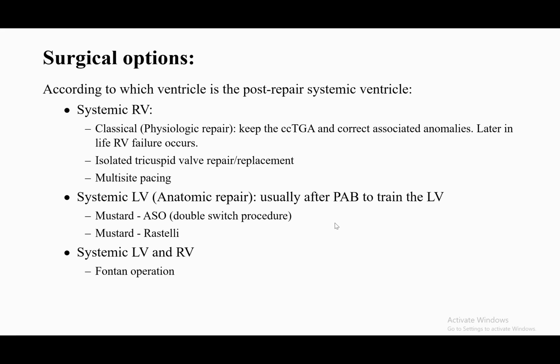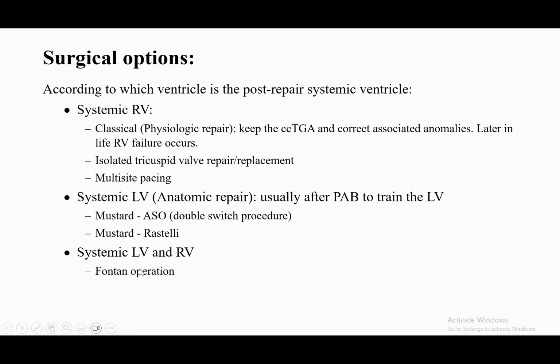But if this double switch procedure succeeds, on the long run it would be better. If there is stenosis, so if there is LVOT obstruction, we do a Mustard and Rastelli operation, which is also an ultra major operation.